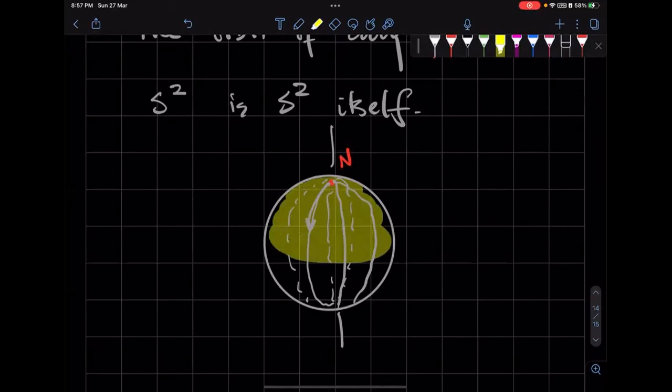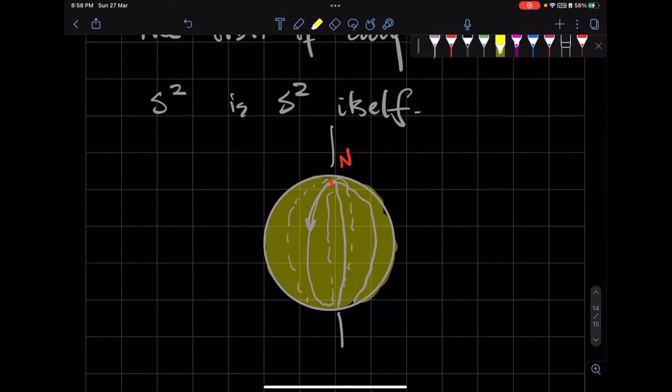So the orbit of the North Pole under the group SO3 is the two-sphere itself, right? And that's because this is a group action that is transitive. So it's the part of the two-sphere that you can reach from the North Pole under the group action.